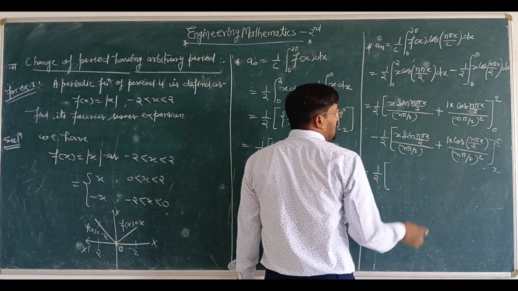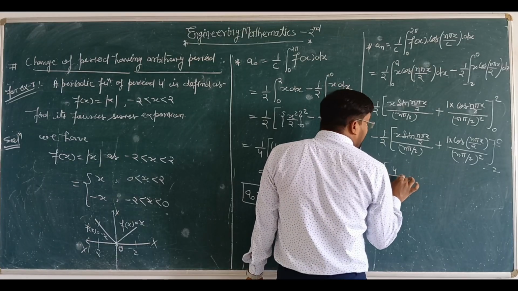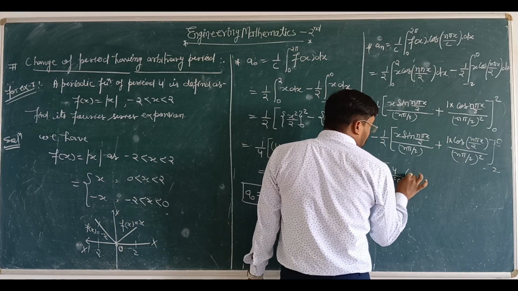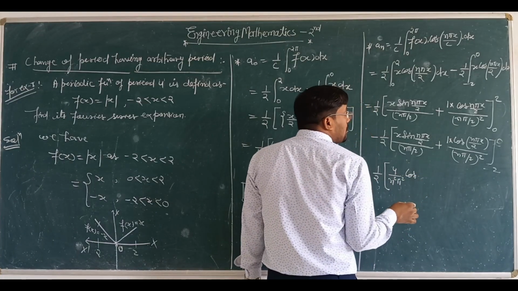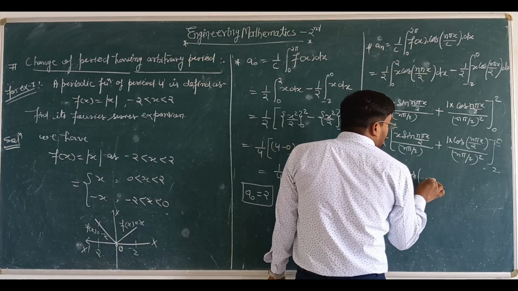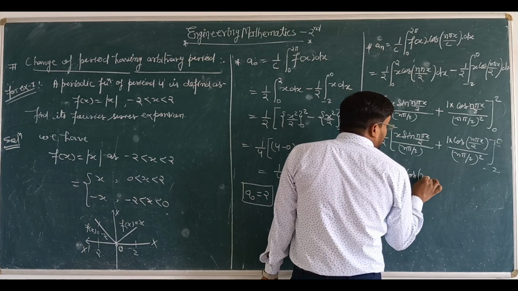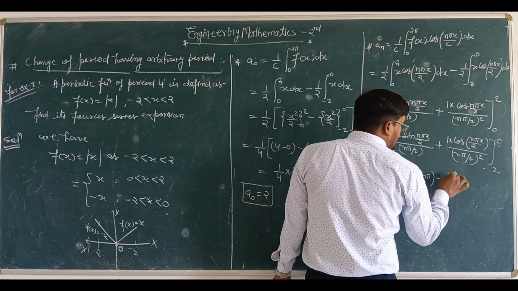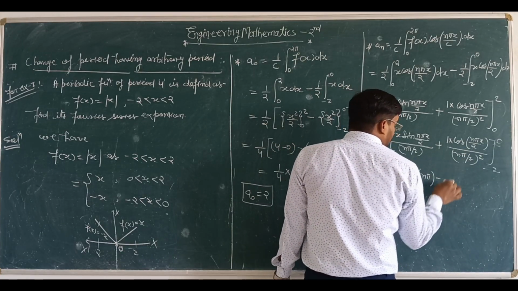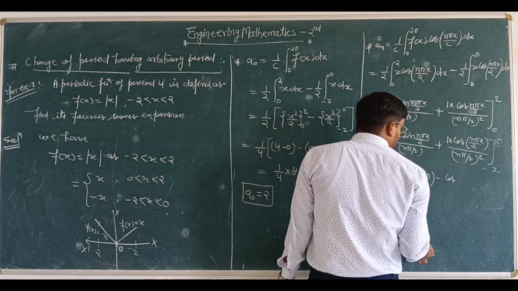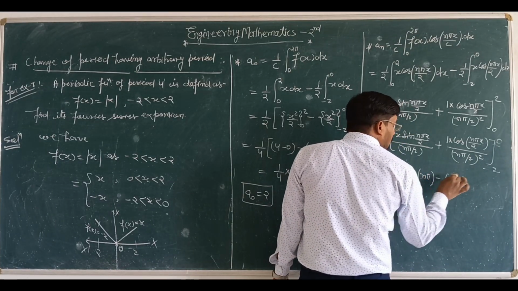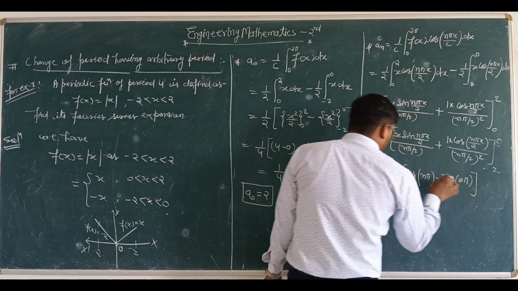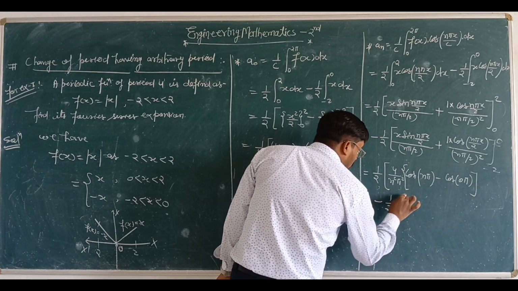Now the value of this function is 4 upon n square pi square cos n pi minus the value of this is equal to cos 0 pi, now minus 1 upon 2.